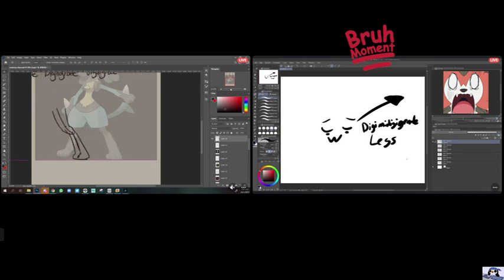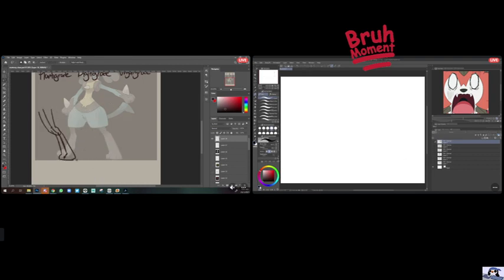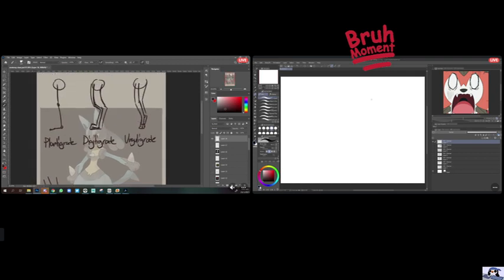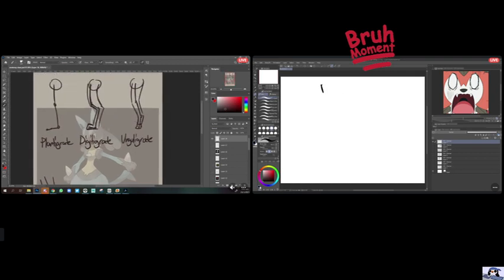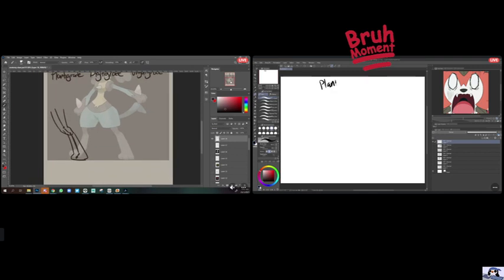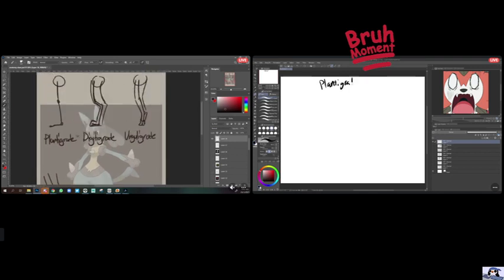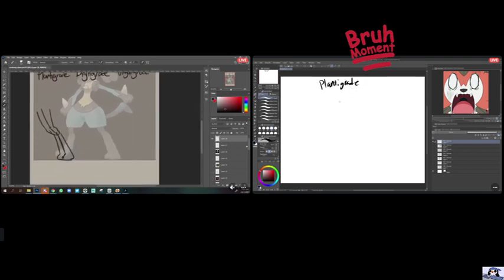Lucario's legs are weird. They're sort of a mix between digitigrade and plantigrade, in my opinion. No, not really. It's completely digitigrade. Look, the only difference between these three legs is how they stand on the ground. Lucario basically tiptoes everywhere, so that's a digitigrade leg.